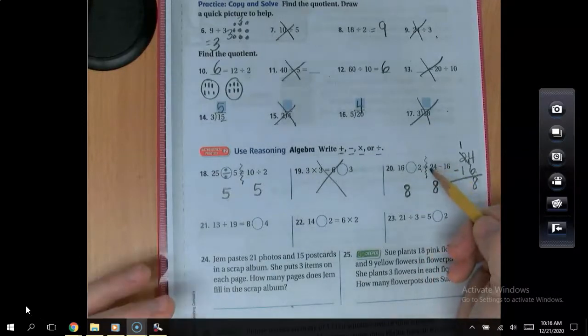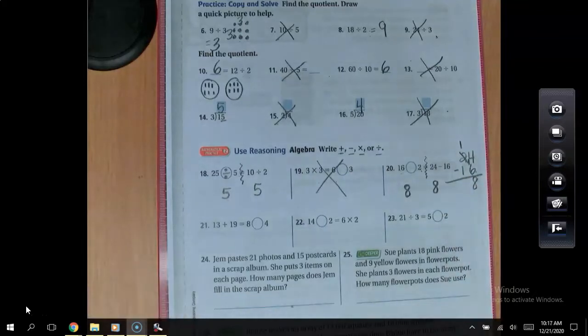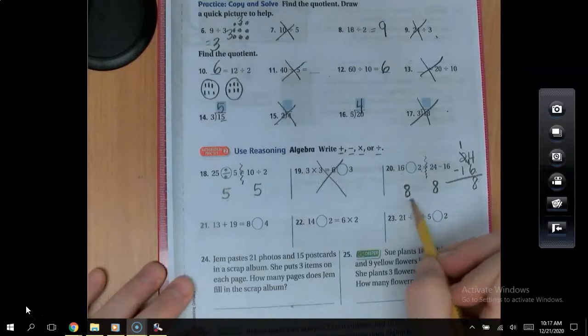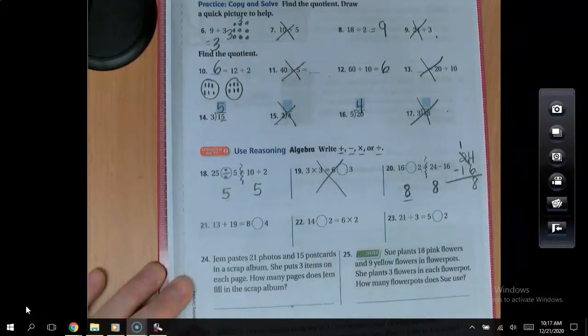Well, let's do process of elimination. I know that when I add and multiply, my numbers get what? Bigger, right. So when I add and multiply, my numbers get bigger. Well, 8 is smaller than 16 and 2. So I know right away I'm not going to be adding or multiplying.